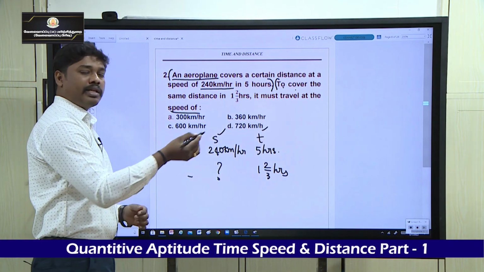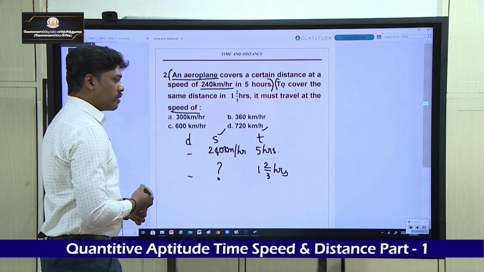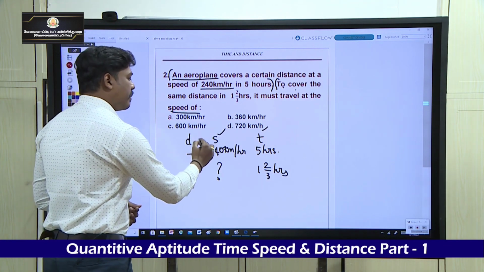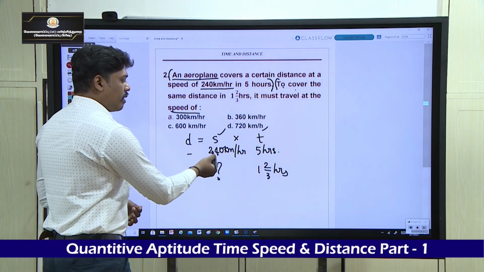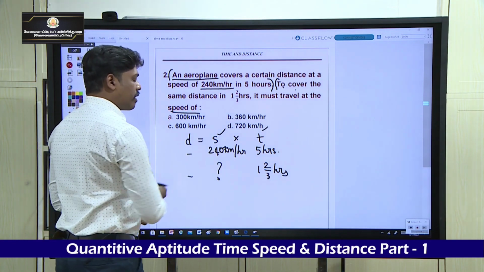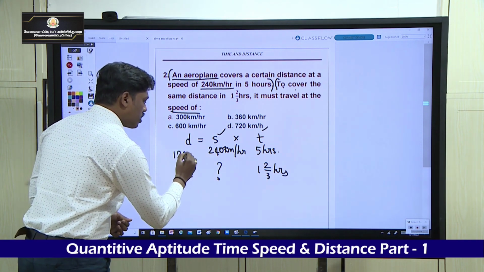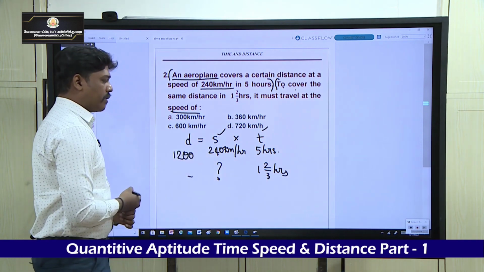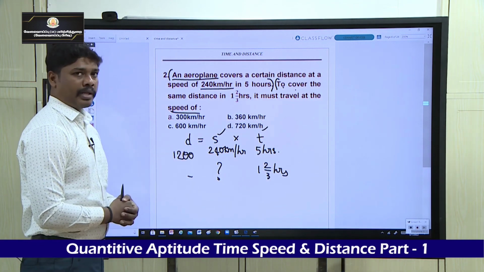So how can I calculate the distance? Distance is equal to speed into time. So I can multiply 240 into 5. You will be getting 1200 kilometer. So the distance here is 1200 kilometer.